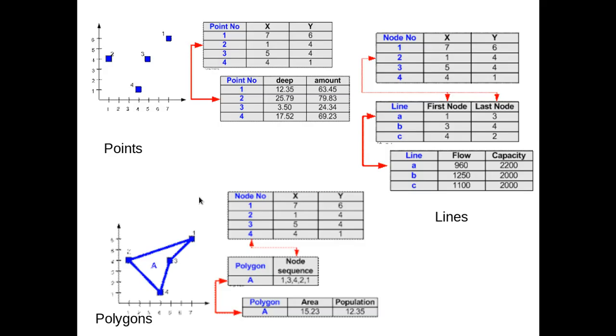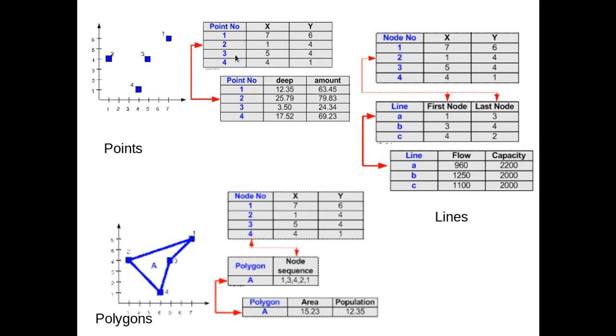In this case, for instance, the nodes can be the representation of any real world object. That could be, for instance, a pipe, a building, or even a car in a street. For that kind of representation, the objects are represented with points. For point 1, we have an x and a y coordinate.